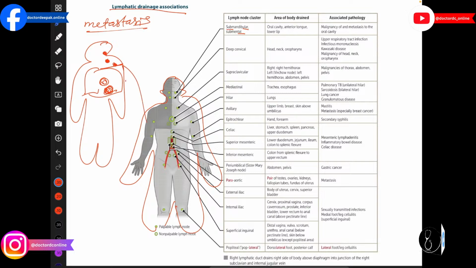That is the axilla, the part of our arm, so any lymph node there will be an axillary lymph node. And after that, there is the trochlear part of the arm, where the lymph node will be epitrochlear. But below the hilar, it will be very easy.